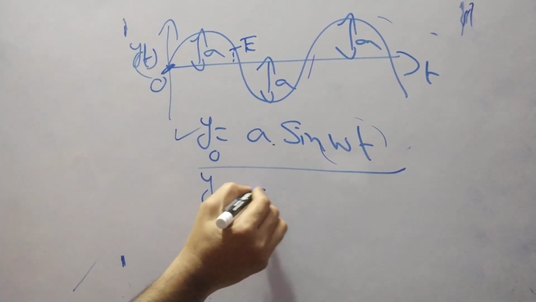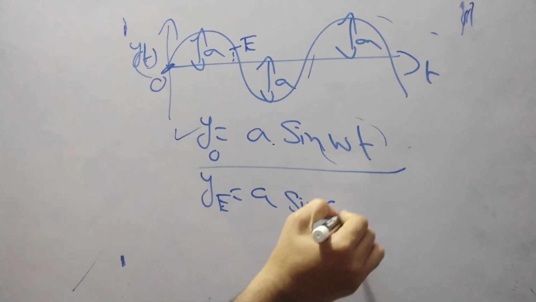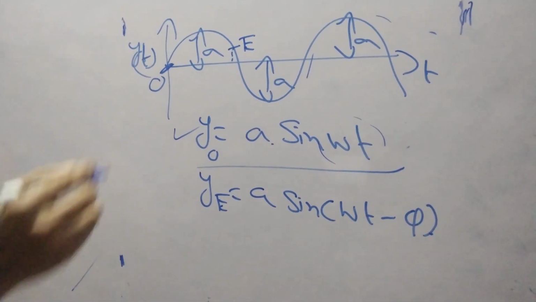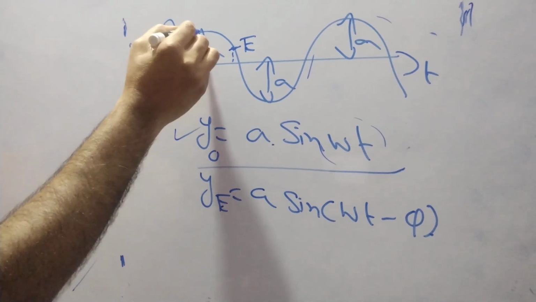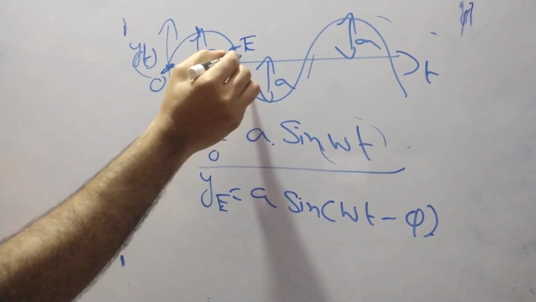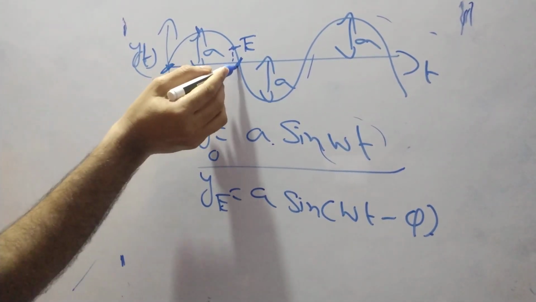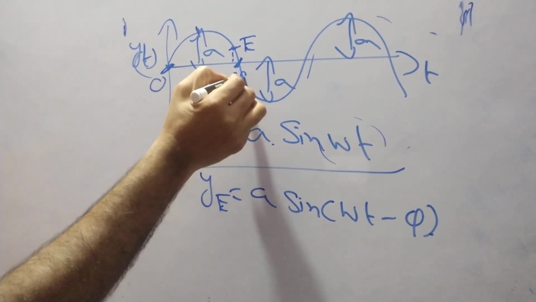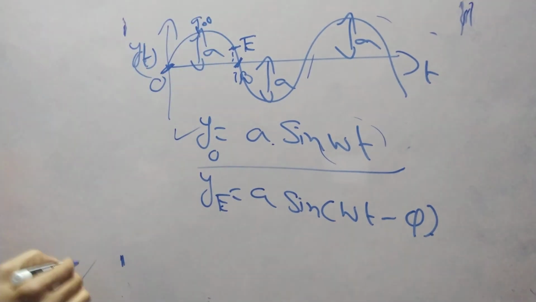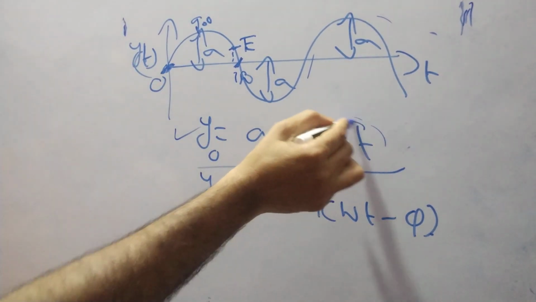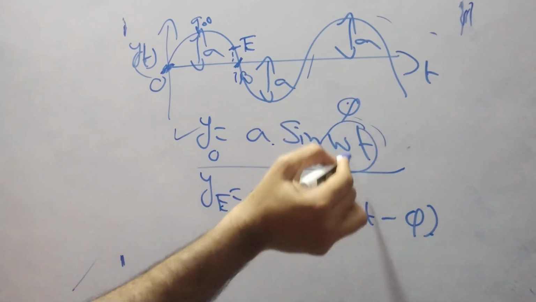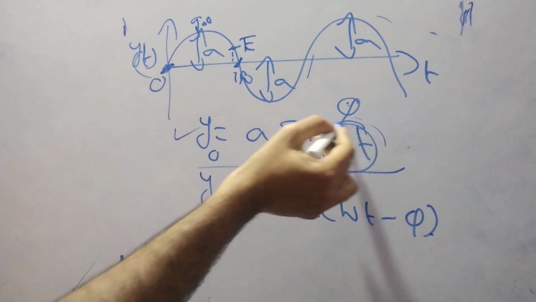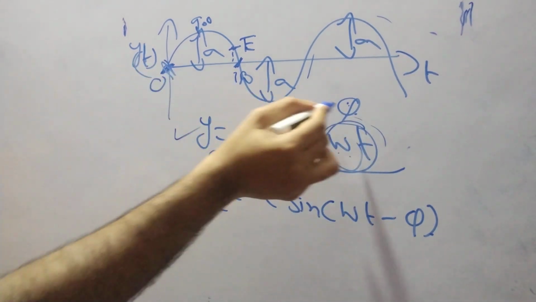So this is a sine omega t minus phi, because here already suppose this is 90 degrees, this is 180 degrees. So to get the phase difference here, what you are doing, 180 minus 90 you are doing, right? So here this one is actually phi only, because with phi only I got this, already explained. So at this point this is phi.